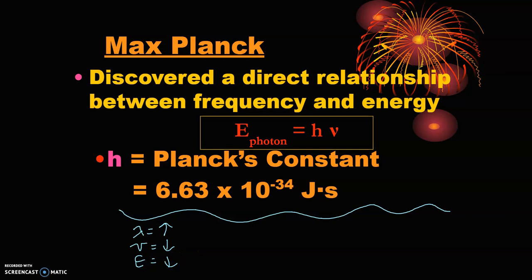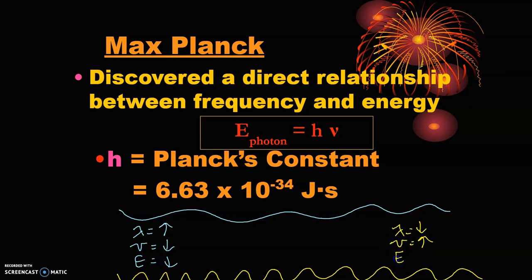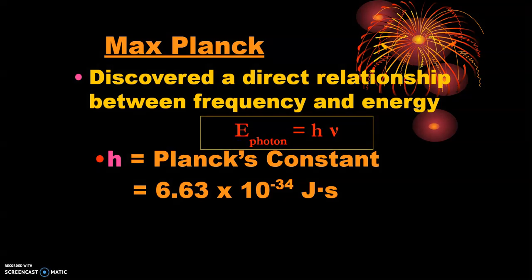But if we had something that looked more like this, we see that the wavelength is indeed very small, the frequency is pretty big, and the energy of that wave would also be big. So there's a direct relationship between energy and frequency.